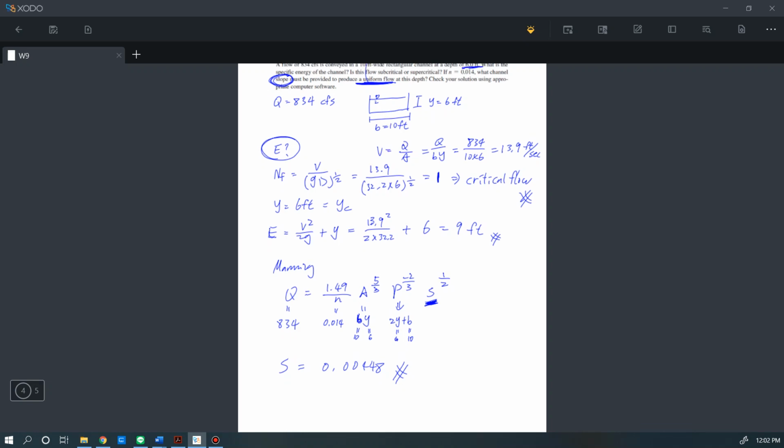To calculate the slope that can produce such uniform flow, which means the normal depth, we use the main equations that I show down here, and we just plug in the numbers and solve for the only unknown variable, which is the slope. Then the slope is shown down here. Okay, that is how you solve this problem.